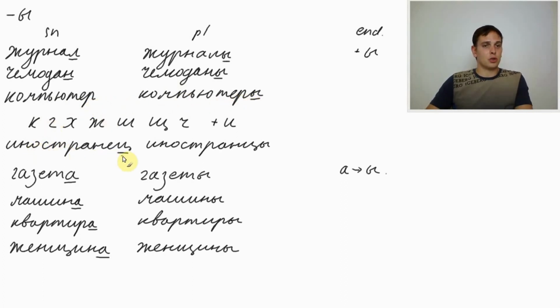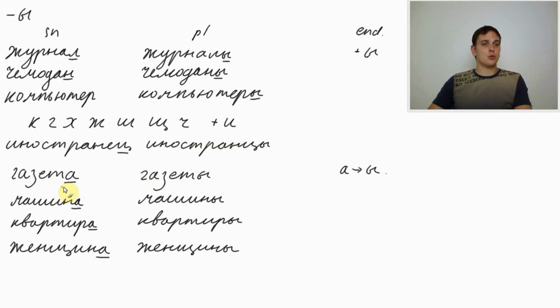Иностранец is foreigner, иностранцы. And the rule is, if it ends with hard consonant, we simply add "ы". But if it ends in one of these consonants, К, Г, Х, Ж, Ш, Щ and Ч, we are not allowed to end with "ы". So we need to put "и" in the end. It's a general spelling rule for Russian language.